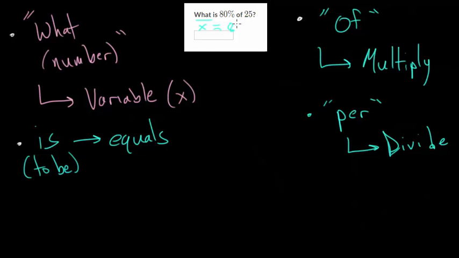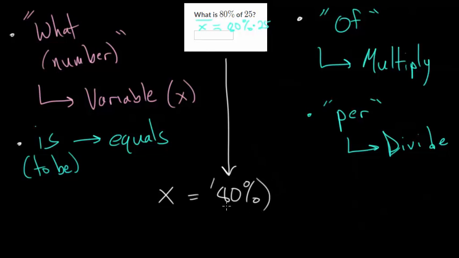And then 80% of 25, so times 25. And then all of a sudden we have an equation that we can actually solve. So let me just rewrite it down here. x, or what number, x, is equal to 80% of, meaning multiply, 25.